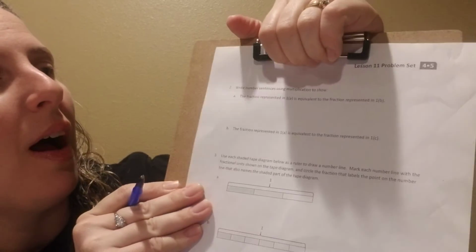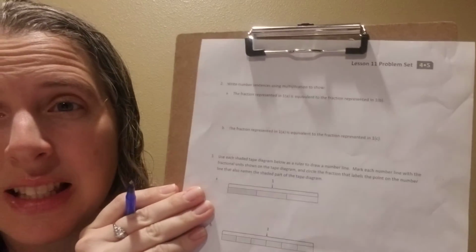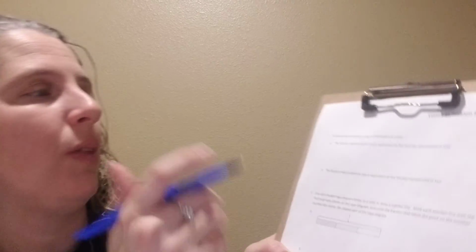Look at the way they say this. I think it's a little bit confusing if I'm going fast. So remember, fast is not always best. Reading well is best. So really looking at it, thinking about it, rereading it, figuring out what is it that they're really asking me.